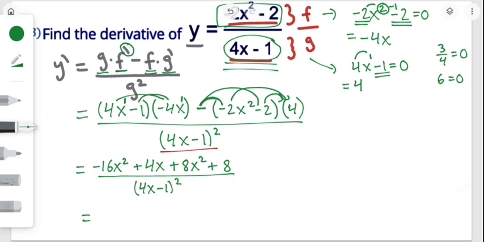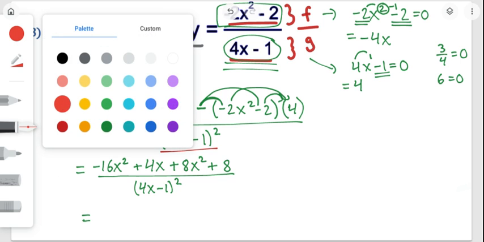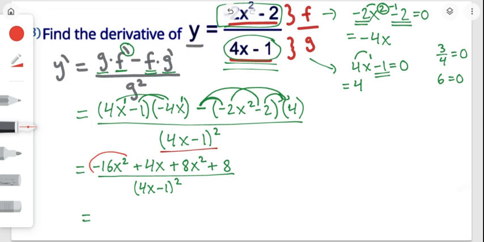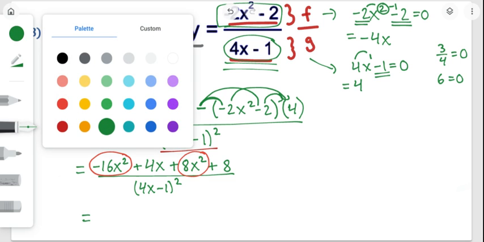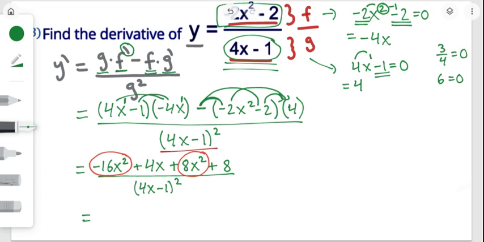Equals, since here we have like terms, as you can see, x to the power of 2 and x to the power of 2, so we need to add them together. So negative 16x to the power of 2 plus 8x to the power of 2 will give you a product of negative 8x to the power of 2, and then the second term needs to have an x, so the second term will be 4x, not 8.